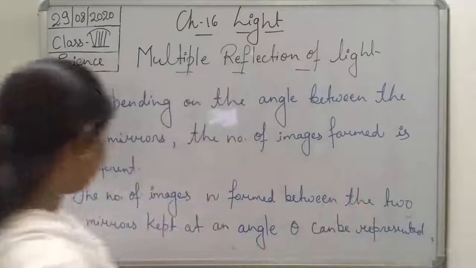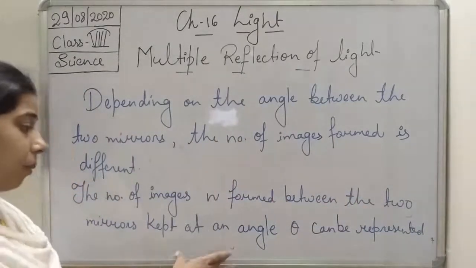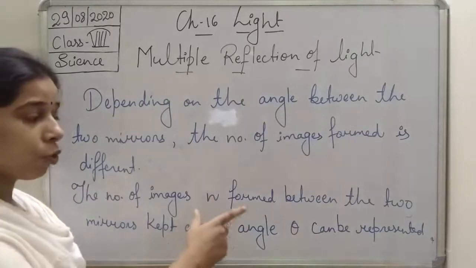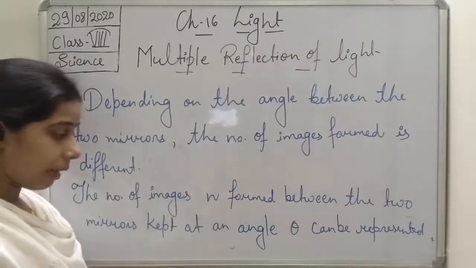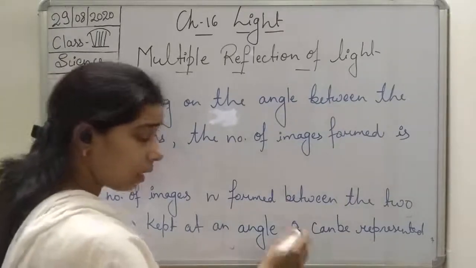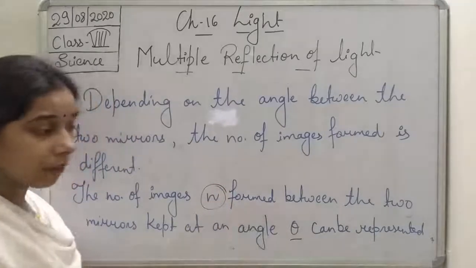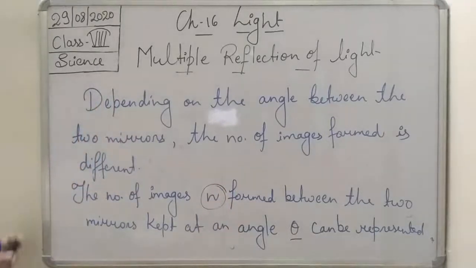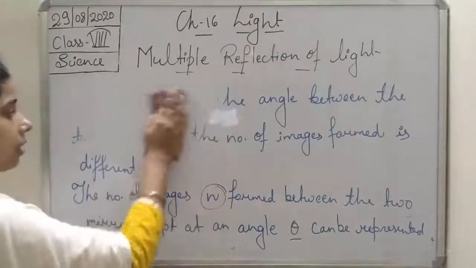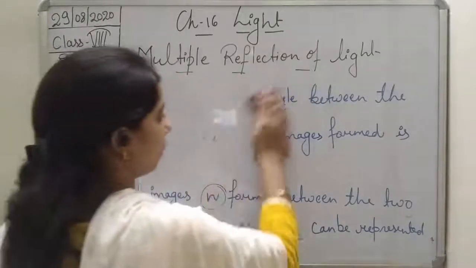So you see here, students, we are finding the number of images formed between two mirrors kept at an angle, and the angle between the two mirrors is theta. Now we consider the angle as theta and the number of images as n. So how can we represent it? We can represent it by n = 360 degrees upon theta, minus 1.